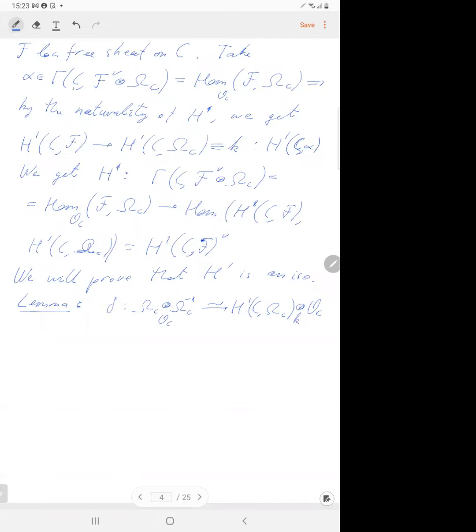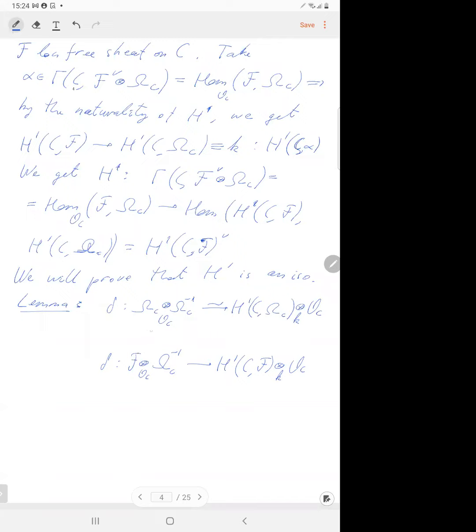Here tensoring is over the structure sheaf, here it is over the ground field. Also we can do the same for our sheaf F. So we'll have F tensor the dual sheaf of differentials, and there will be a morphism delta as well to the first cohomology tensor OC, just what we recalled at the previous page.